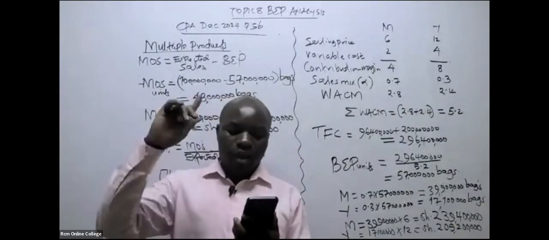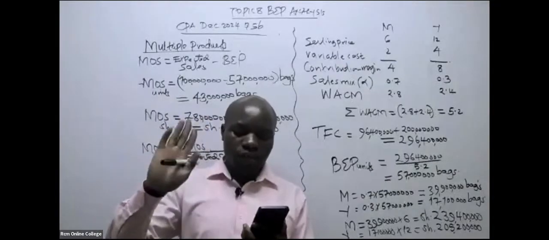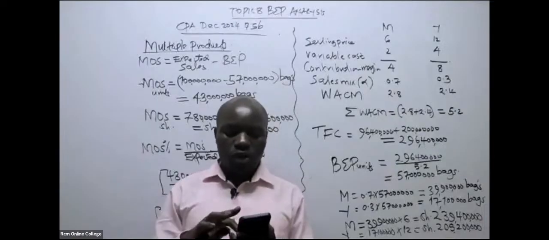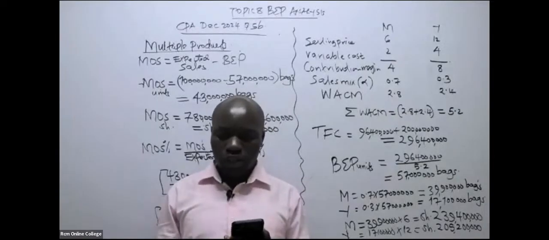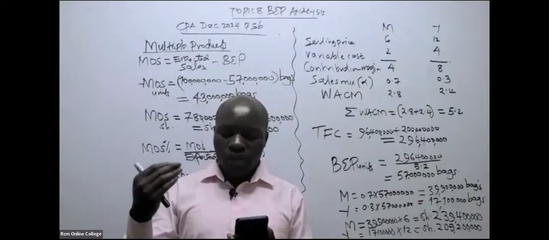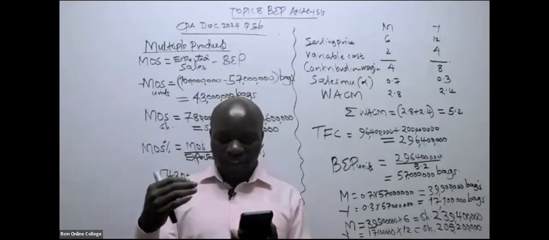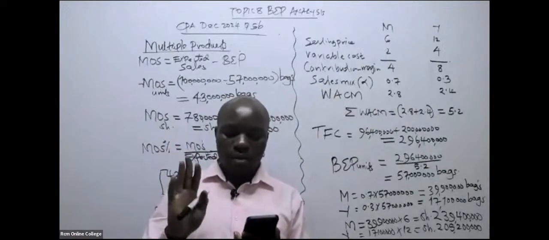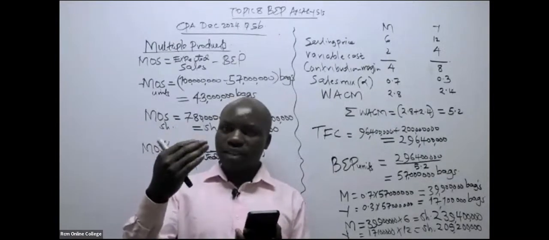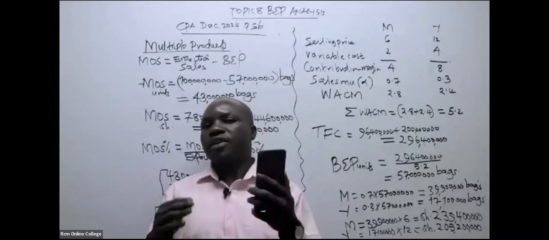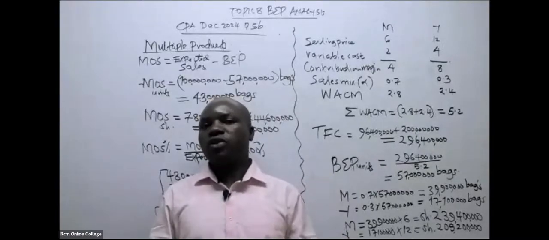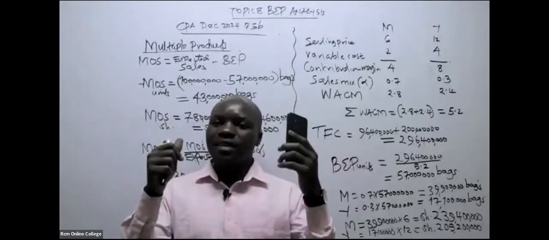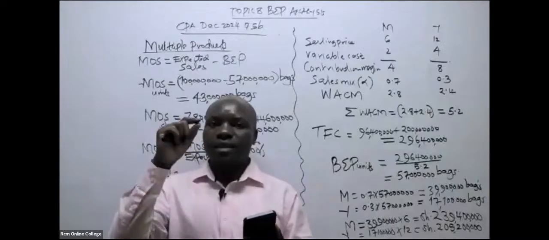The selling price is 6 shillings for M, 12 shillings for Y, variable cost 2 and 4, contribution 4 shillings and 8 shillings respectively. Below that, we have fixed costs, 96,400,000 for M, 200 million for Y. Then below the fixed cost, we have units sold. Because these are budget, that is now the expected sales. That's the standard sales or budgeted sales.